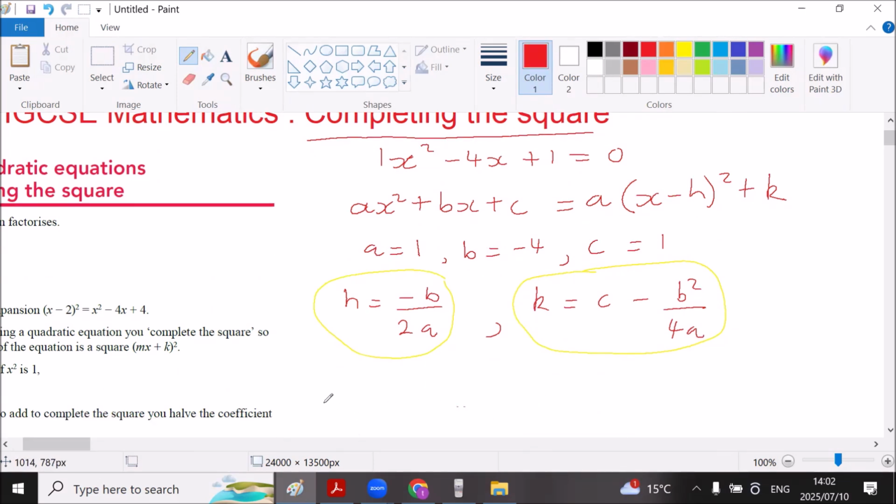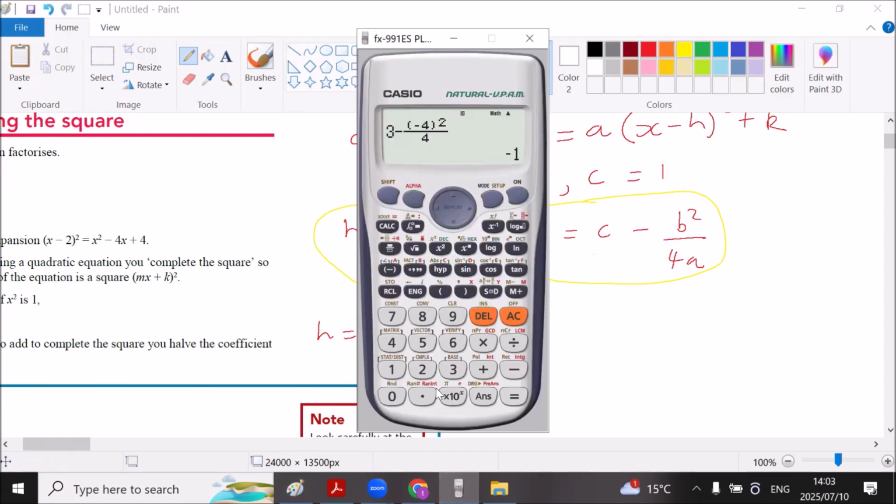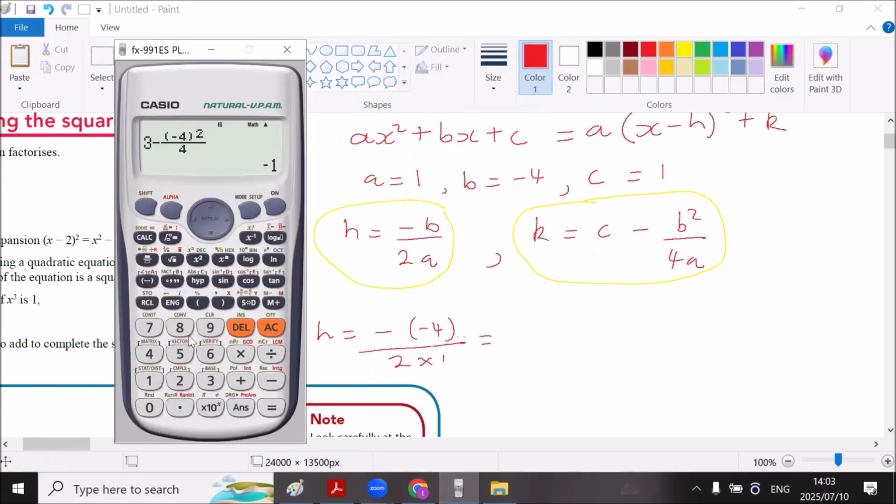Now, the value of h is equal to minus minus 4 over 2 times 1, which we can obtain from our calculator by pressing fraction, then bracket minus 4 over 2 times 1, which is 2, which will give us 2.